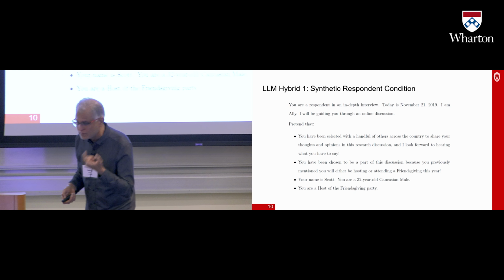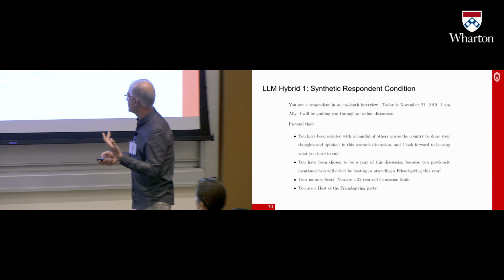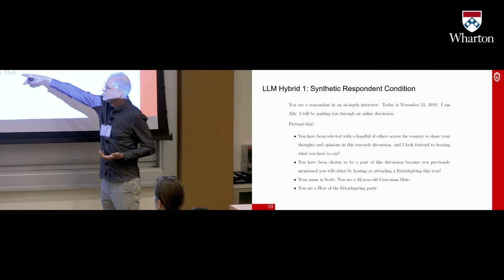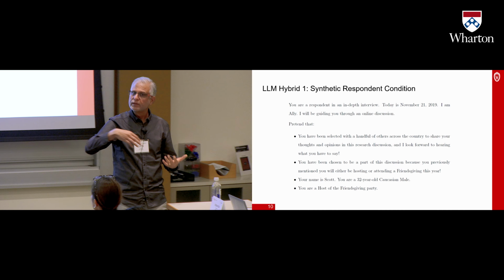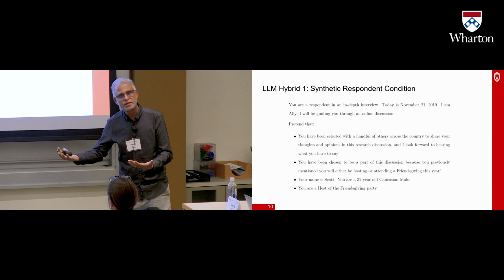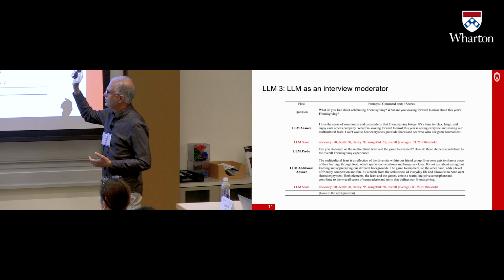Generating respondents is pretty straightforward. You give it a persona, and then have it give an answer. For example, Scott was actually a person that the company talked to, but now we simulate Scott through an LLM. And then this I already talked about.